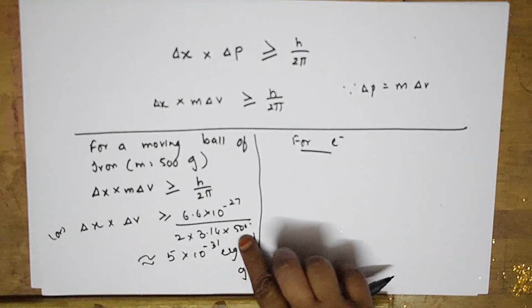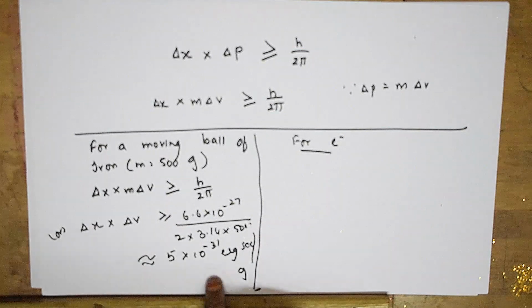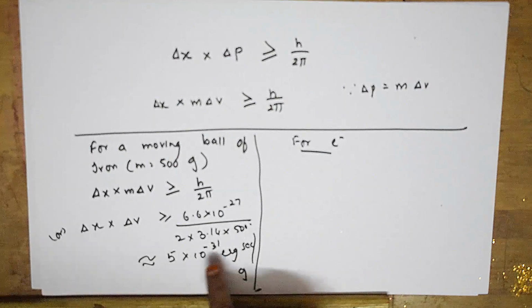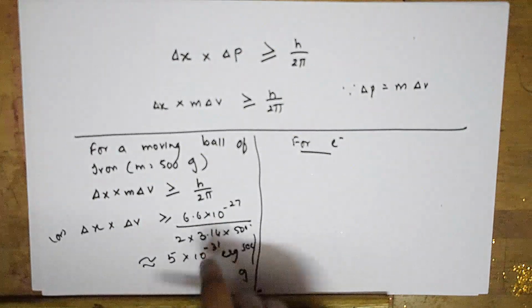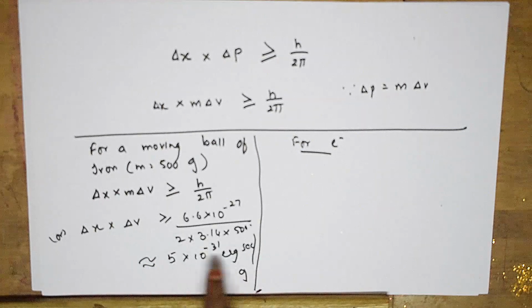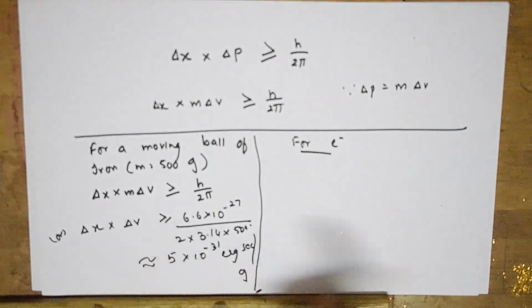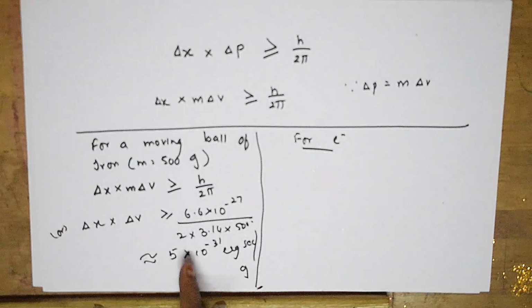Right? Now, what happened? This uncertainty is negligible, isn't it? In case of a large object, the uncertainty produced is really negligible, such a big number it is, isn't it? So we can write: uncertainty in measurement for a large object is negligible.